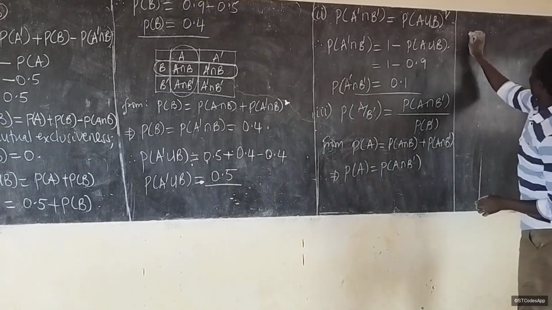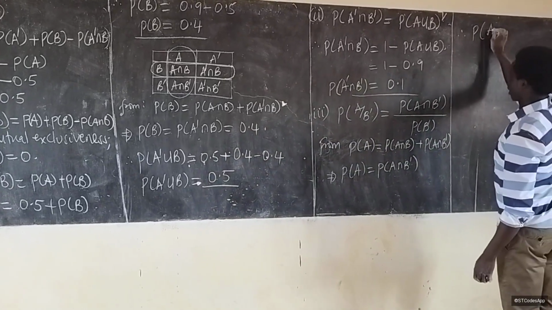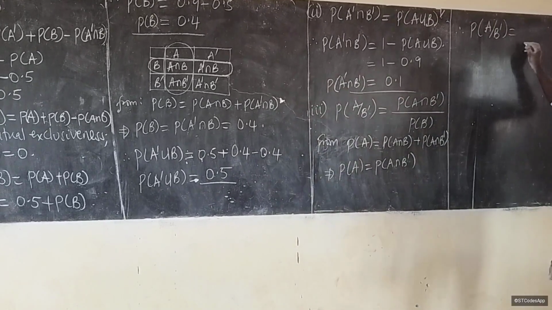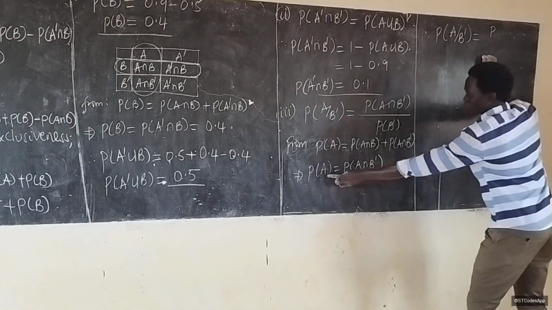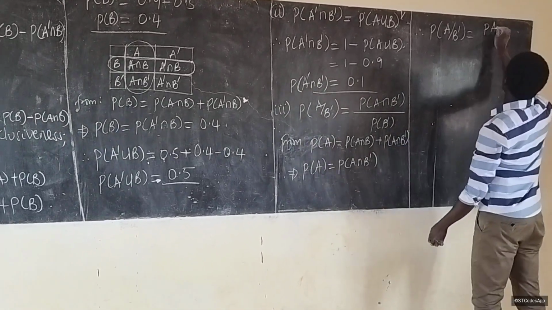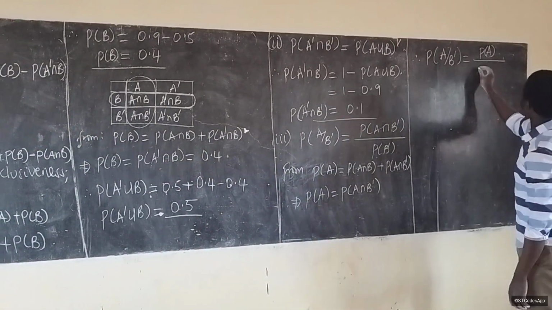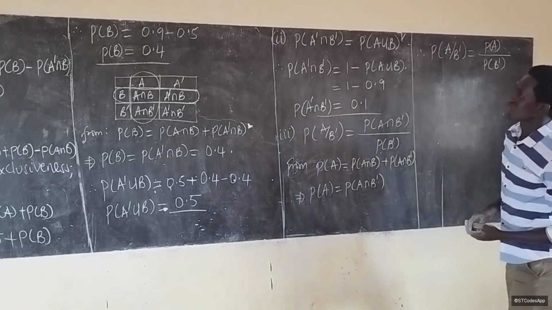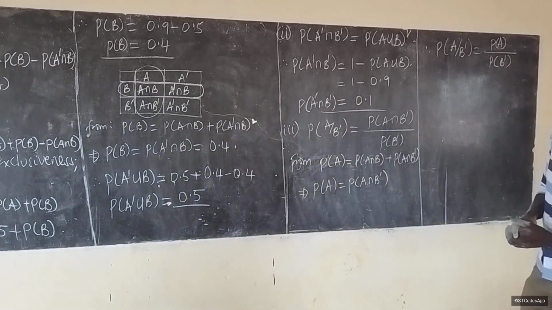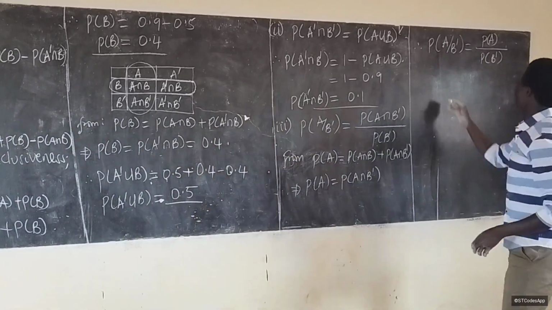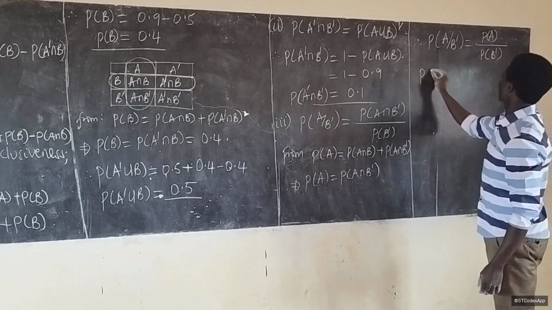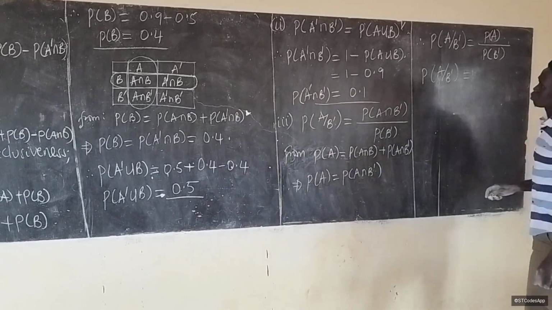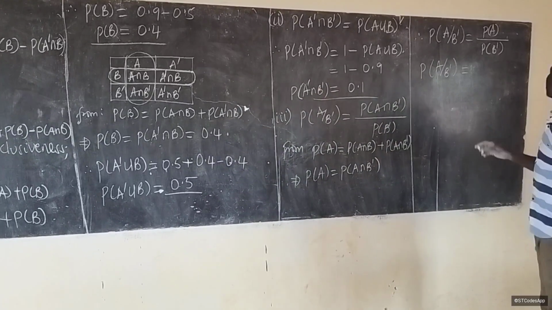So therefore, probability of A given B complement becomes probability of A out of probability of B complement. Probability of B complement is not there, but we can find it.